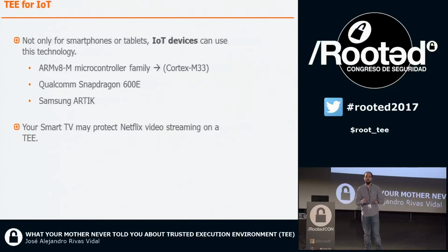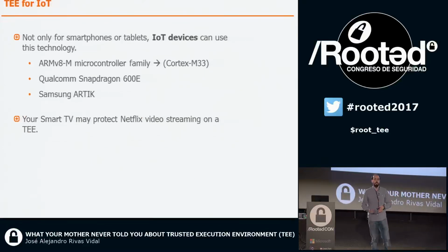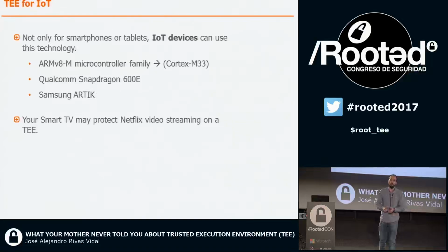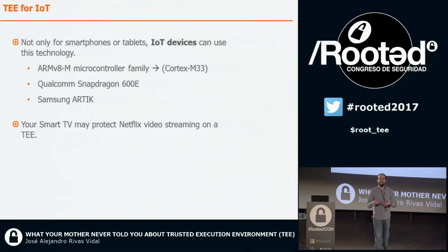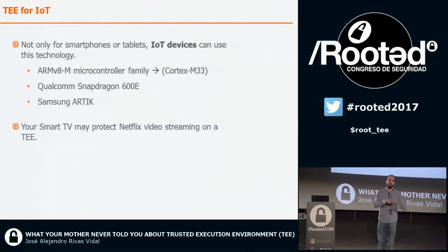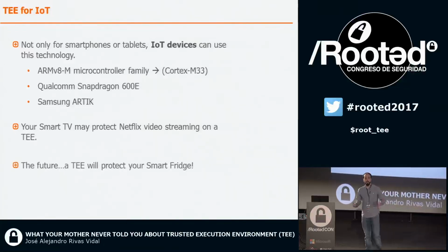But we mustn't think that this is just exclusive for smartphones or tablets. Everything we know, such as IoT devices, are also using this technology to protect a part of the system's assets. We shouldn't be surprised if the next intelligent fridge or smart fridge we buy protects our shopping list within a TEE.